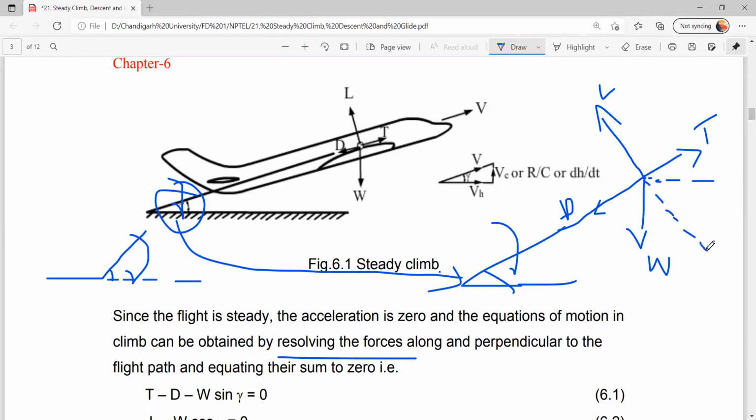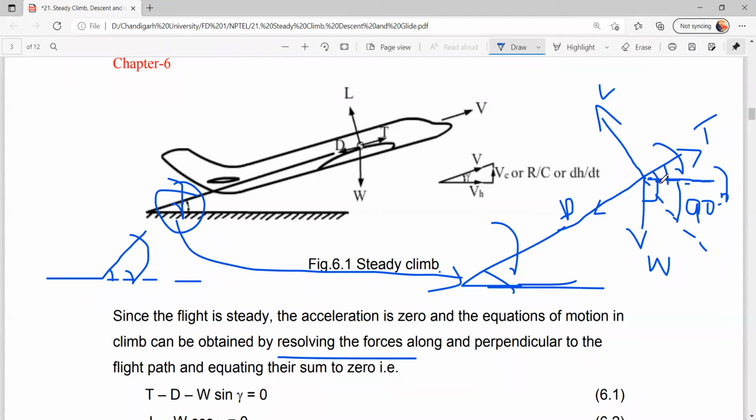The angle between thrust and the reference line which I have taken will be gamma, because of corresponding angles. This is the flat earth. Corresponding angles are equal, gamma. Here we already have an angle between weight and that reference line of 90 degrees, so this angle can be given as 90 minus gamma.